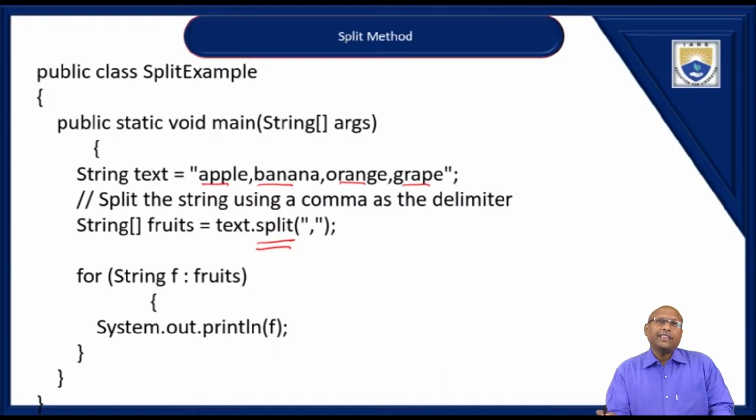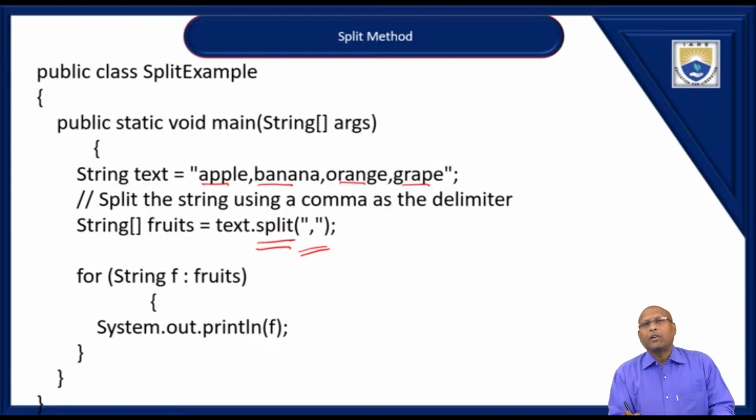Wherever a comma is there, I want to split it. The string class supports a method called split, which takes a parameter called delimiter. Based upon the delimiter, it will divide the string into a set of substrings.